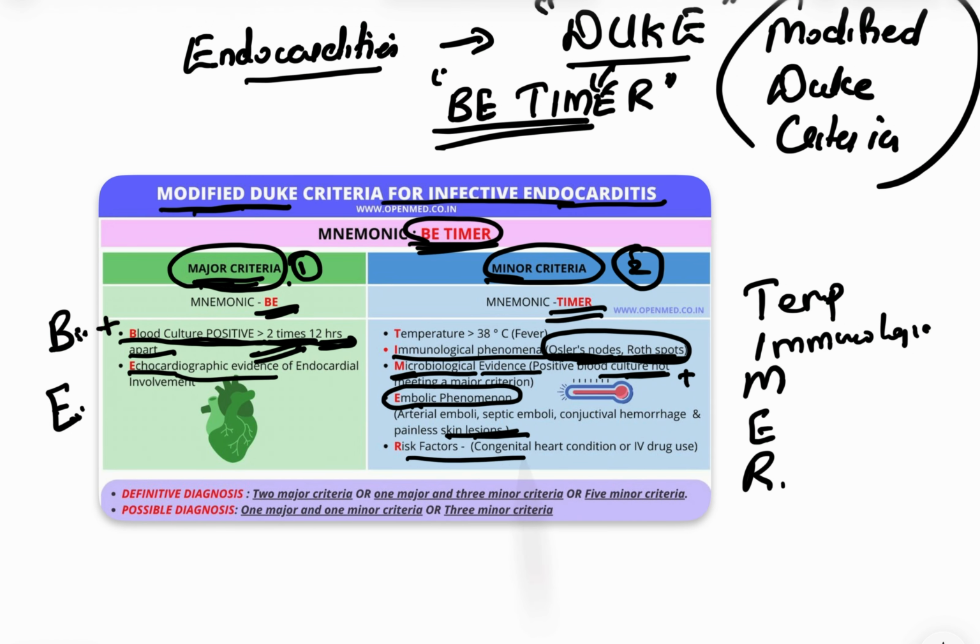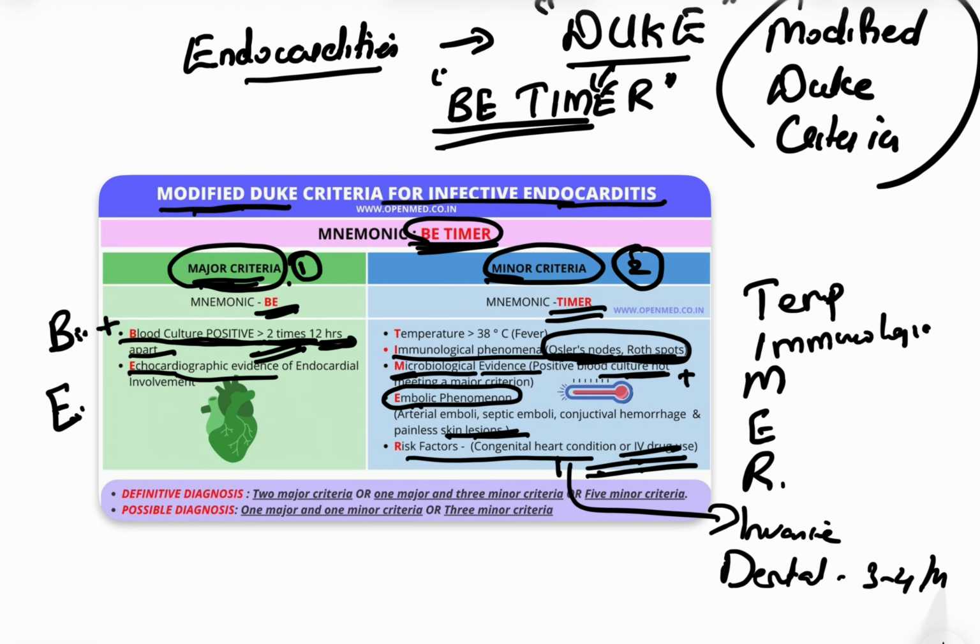Then R is the risk factors: IV drug users, prolonged use of IV cannula, any history of genitourinary tract infections, or invasive dental procedures in the last 3 to 4 months. The presence of any risk factor is also considered a minor criterion.